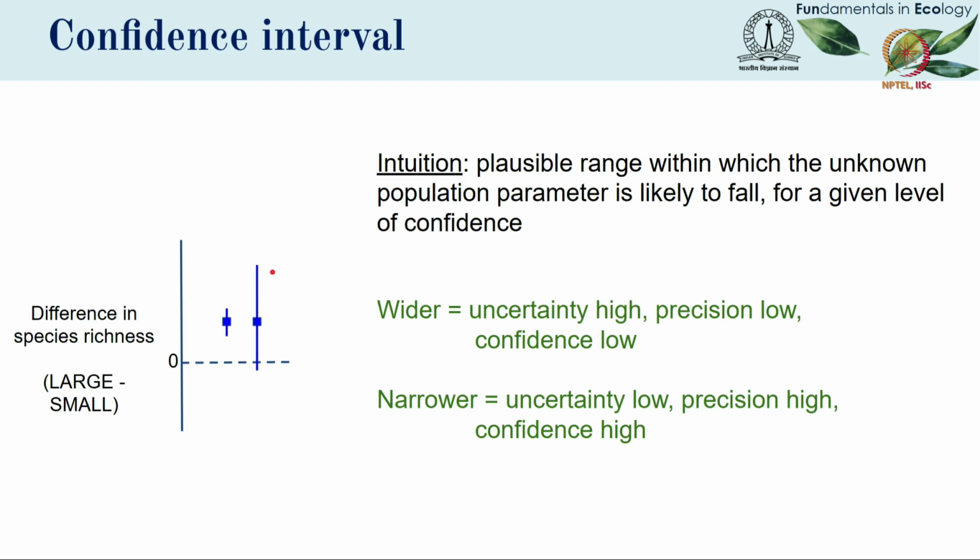So, the true population parameter can fall within a very wide range of values, from no difference all the way to a very large difference between large and small habitat patches. A narrow confidence interval indicates that you have been able to locate the true population parameter quite precisely. It is likely to fall within a narrow range of values.